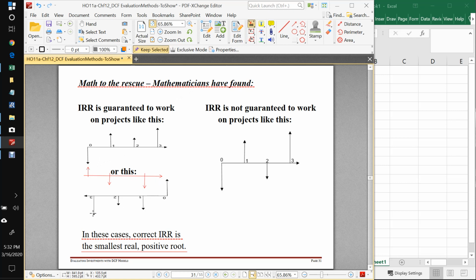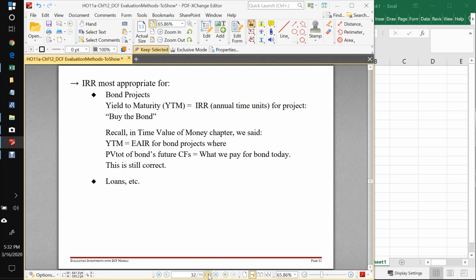That's going to be fine. And I could draw a similar cash flow diagram here where these 3 would be positive and this one would be negative. So there's 4 possibilities where this will work for us. The correct IRR is the smallest real positive root, but it does not work for these general random positive, negative, positive, negative, who knows types of projects.